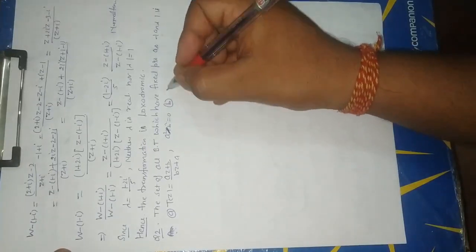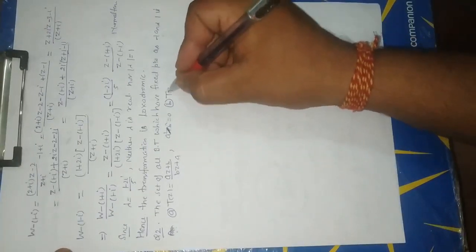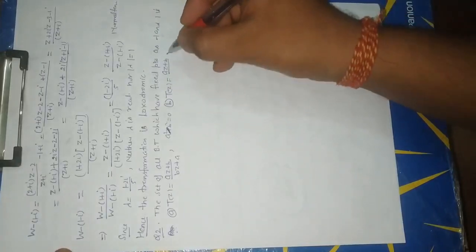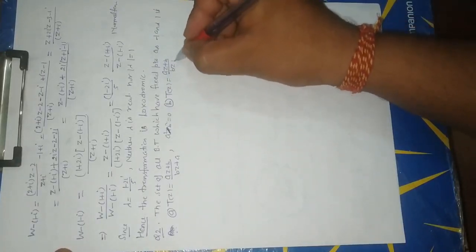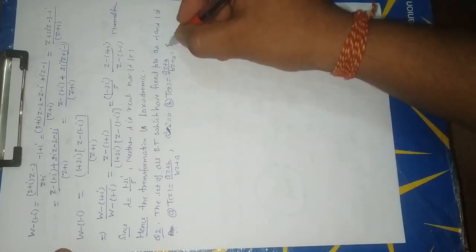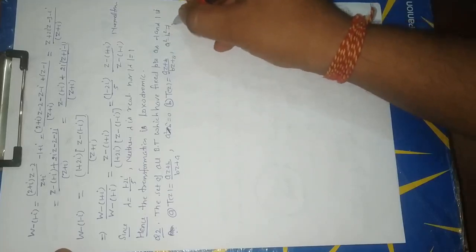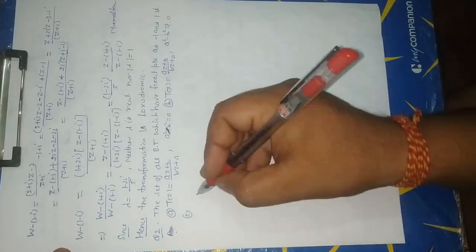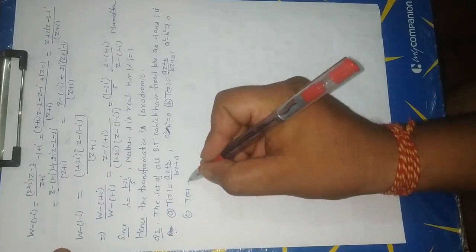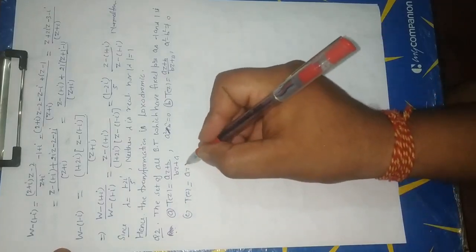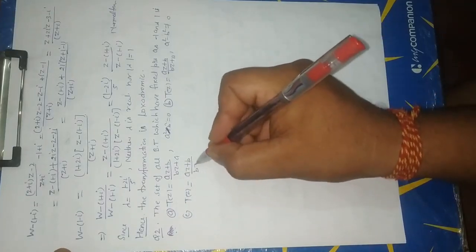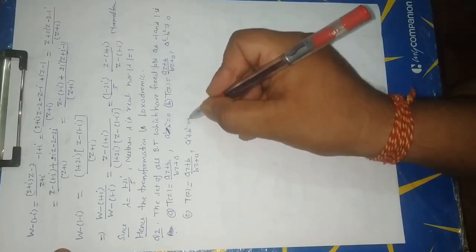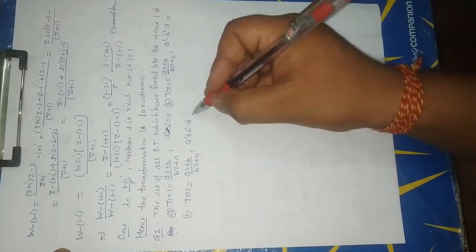Now B part, T(z), that is w, equals (az plus b) upon (bz plus a), where a square minus b square not equal to 0. Now C option, w equal to T(z) equals (az plus b) upon (bz plus a), where a square plus b square not equal to 0.